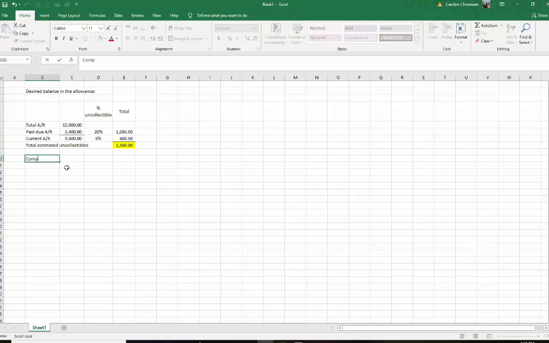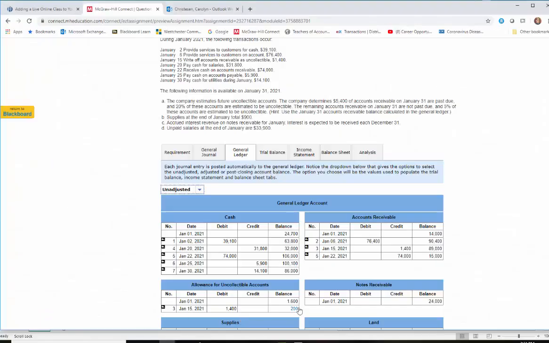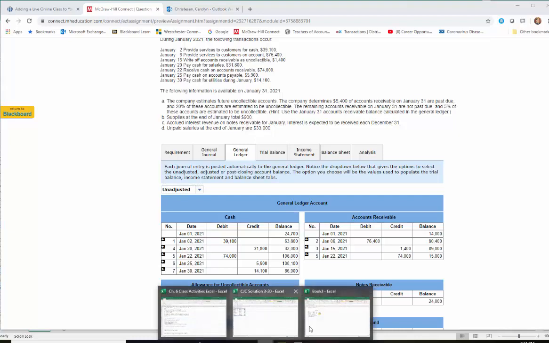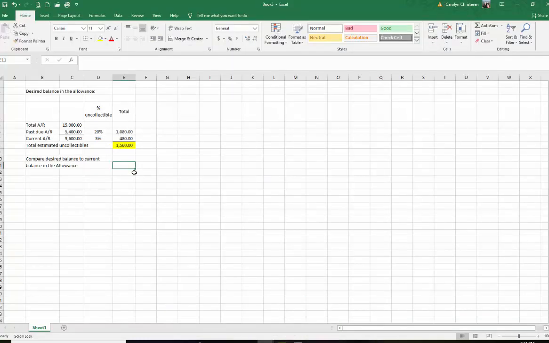Now we compare our desired balance to the current balance in the allowance. So what is our current balance? Let's go back here, and we see our current balance is $200. Let's go back to our Excel and put in 200 as our current balance.